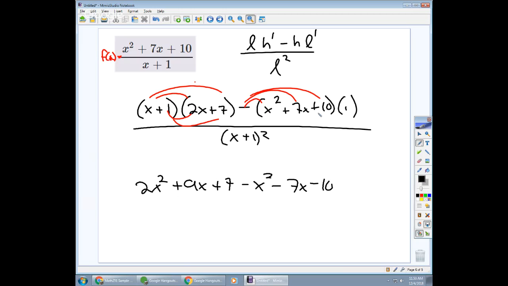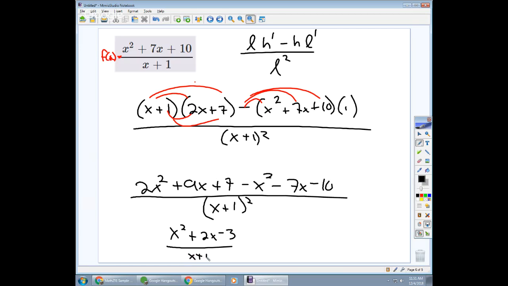Be careful with your signs. All over x plus 1 squared, which gives us x squared plus 2x plus minus 3. Thank you, keen-eyed Sam. Is that right? Yeah. All over x plus 1 squared.